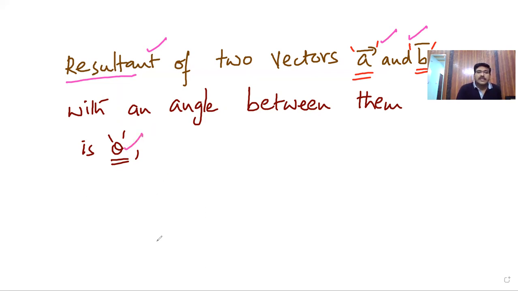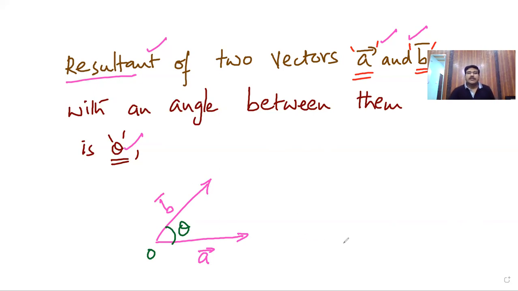Let us say this is the A bar vector. Let us say this is the B bar vector, and the angle between them is theta. That is it. Okay. I am interested to find the resultant of A bar and B bar, having angle theta between them.